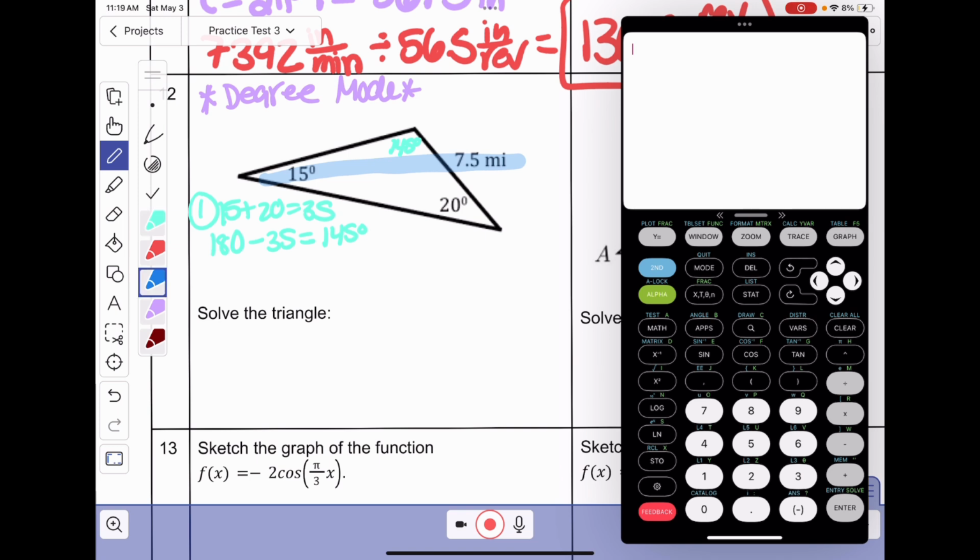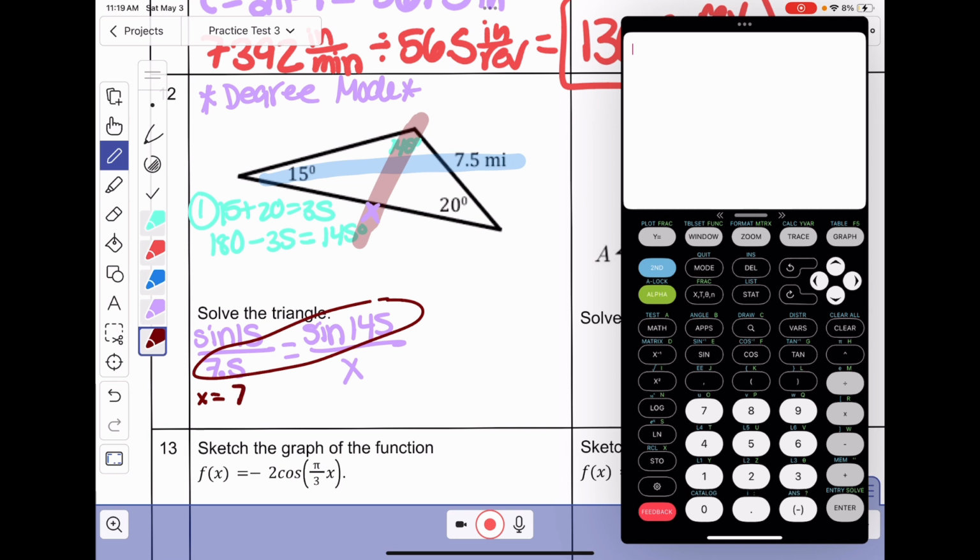Now that we know that angle, we can try to find this pair. So law of sines tells us sine of 15 over 7.5, that's our blue one, is going to equal sine of 145 over the side we're looking for. That'll give us x here. So we cross multiply.